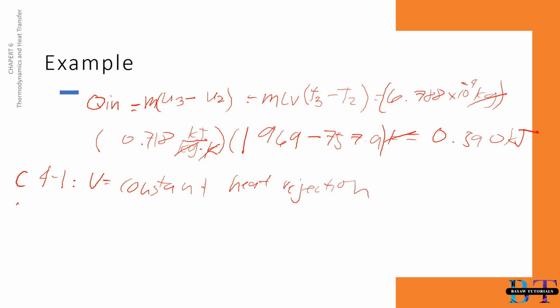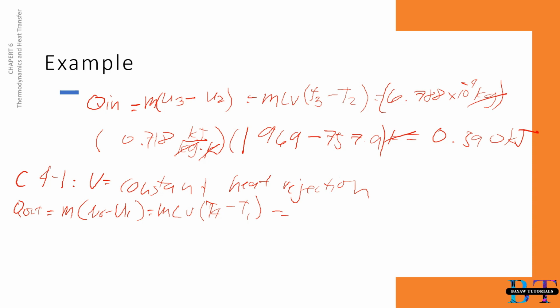So our Q out is equal to mass times specific internal energy at state 4 minus specific internal energy at state 1, which is equal to mass times constant volume specific heat times temperature 4 minus temperature 1.